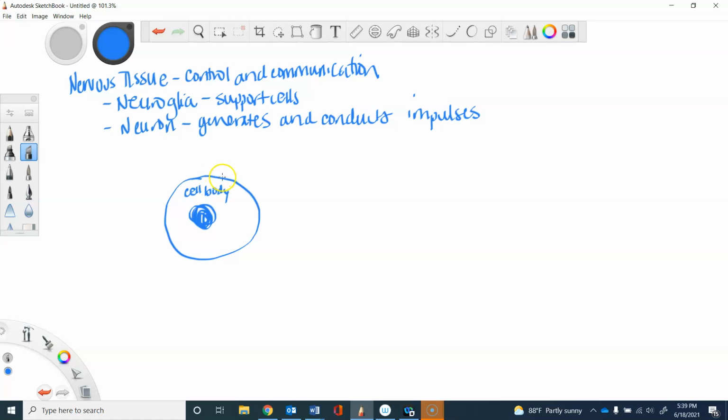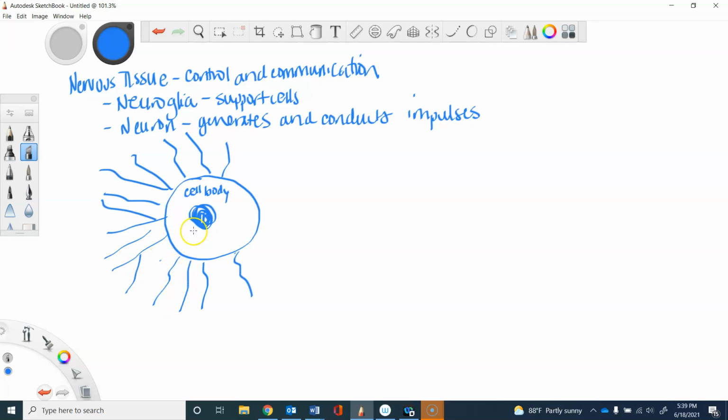And the first unique features that it has are these little extensions off of it that look a little bit like dead tree branches when you see them on there. These are called dendrites.